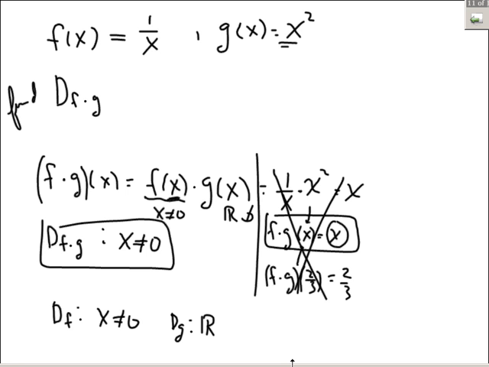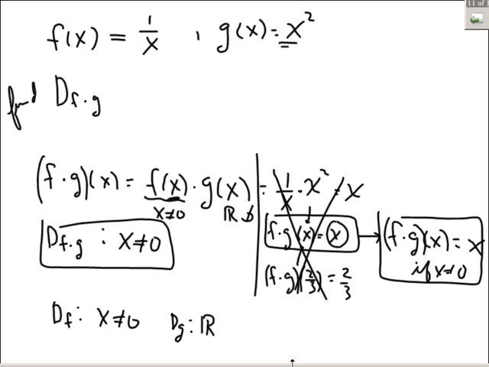Now, let's look at this for a moment. I'm claiming that f times g of x is x. Now, this is not exactly true. You need to include the domain, if x is not 0. Now, it's true.